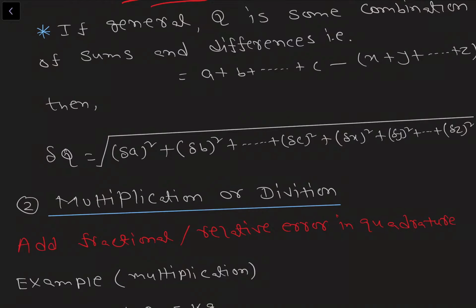Let us write it in general form. In general, Q is some quantity which is some combination of sums and differences, like a sum of A plus B plus C, etc., and also a difference of X, Y and Z, etc. Then in general we can write the error in Q as the square root of the sum of the squares of all the absolute errors: error in A squared plus error in B squared plus error in C squared, and so on.